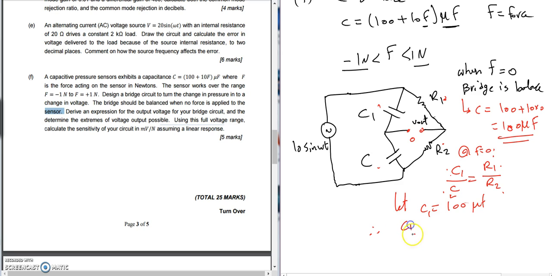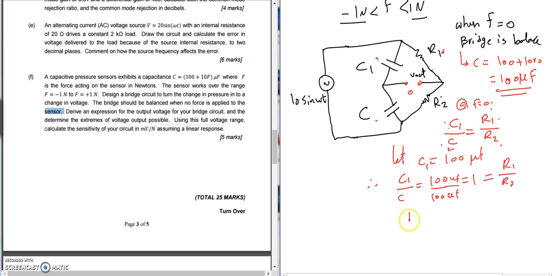Therefore, C1 over C is equal to 100 over 100, which is equal to 1, which is supposed to be equal to R1 over R2, therefore R1 should equal R2. Whatever value we choose for R1, we choose for R2.